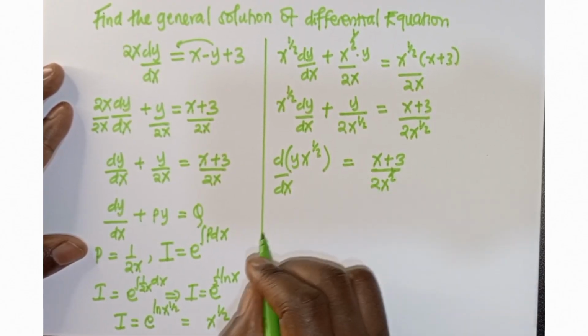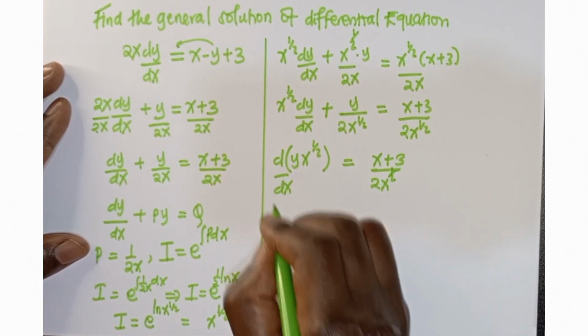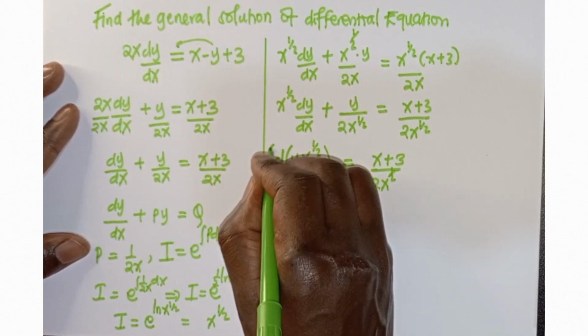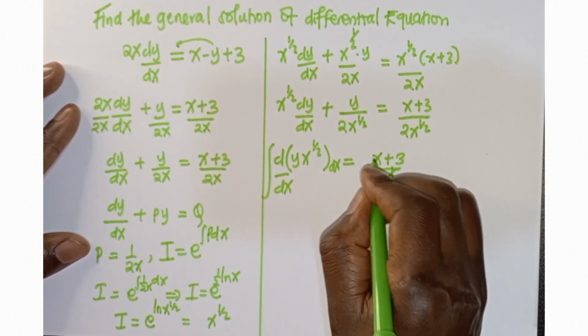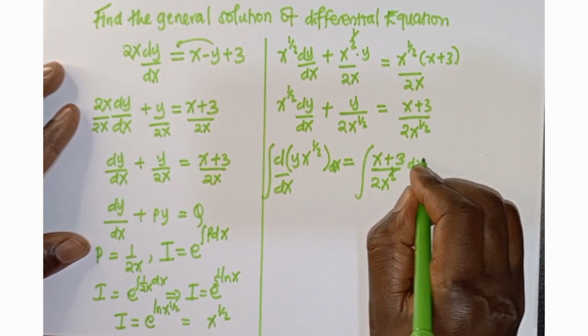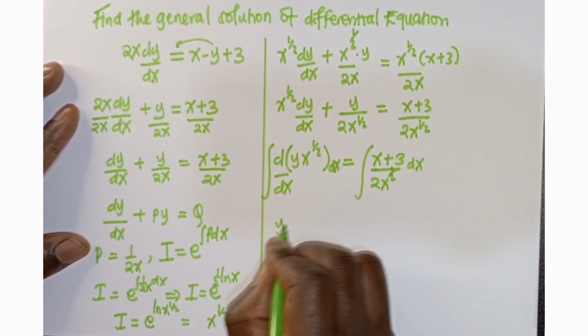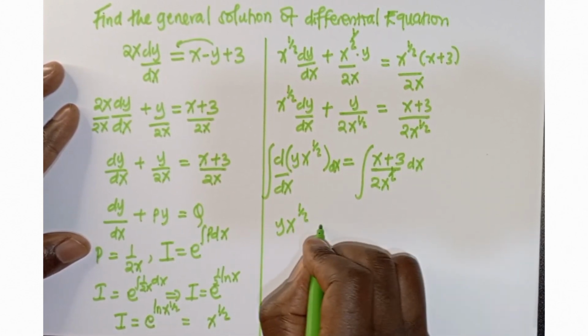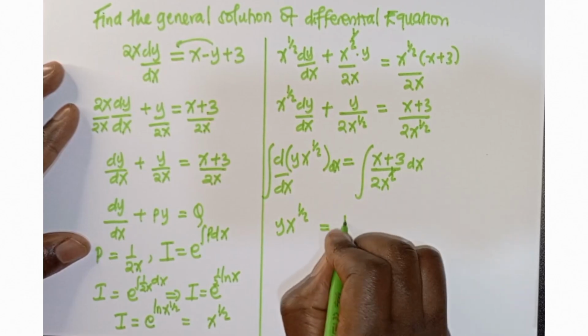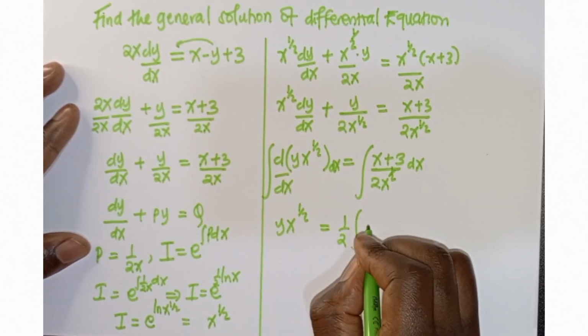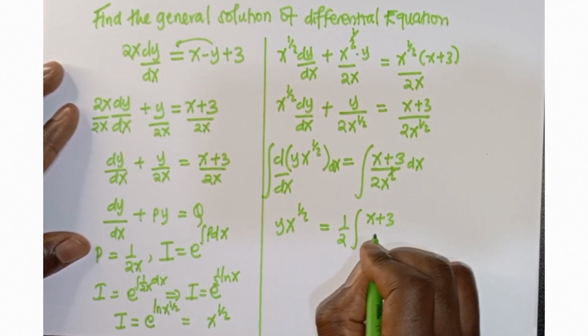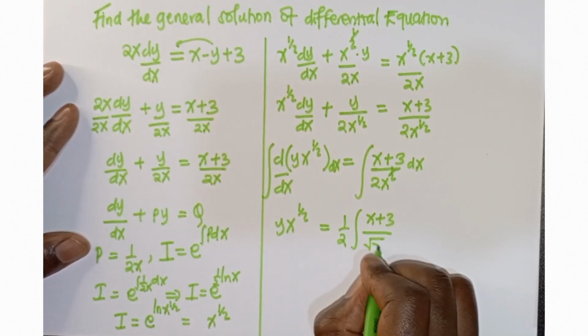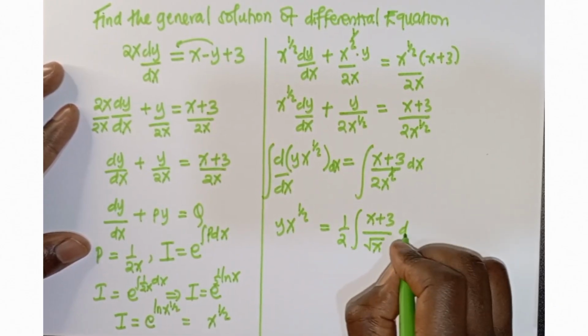Now we can integrate on both sides with respect to x. We shall have y x to power half is equal to a half integral x plus 3 out of square root of x dx.